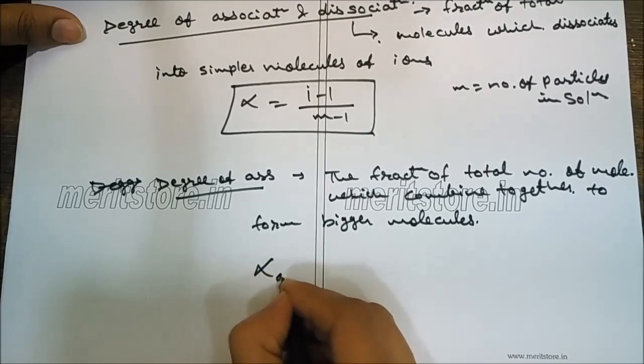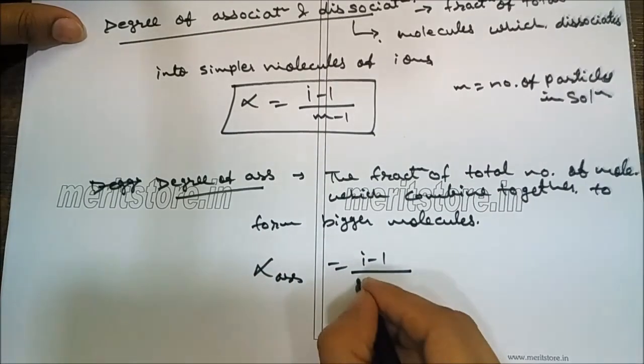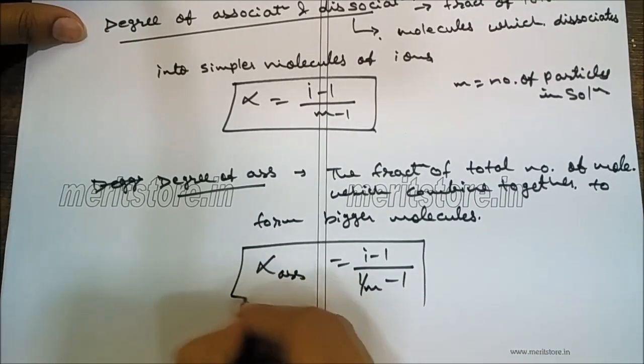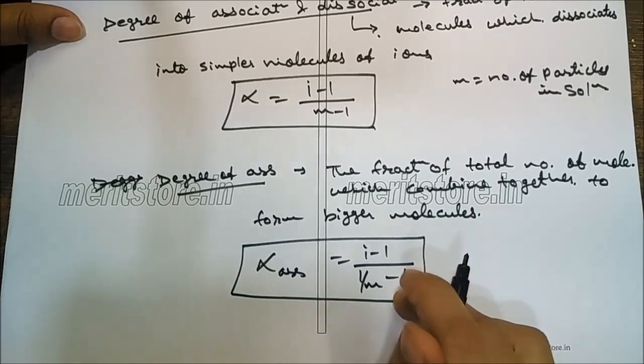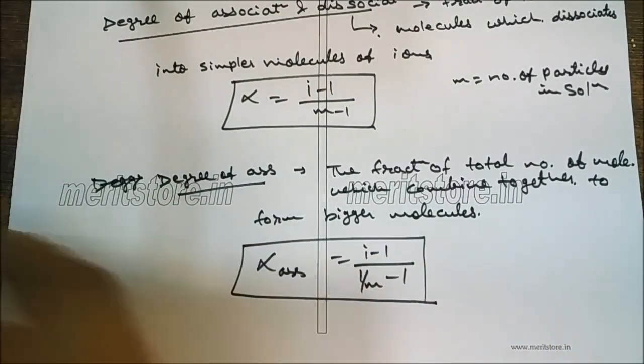So alpha association will be equal to (i minus 1) upon (1 by m minus 1). This is the degree of association, and m is the number of particles in solution.